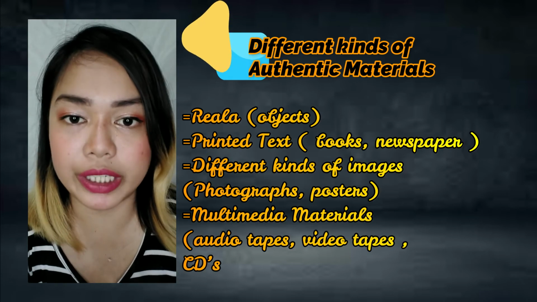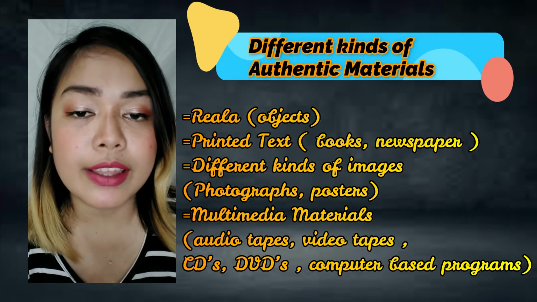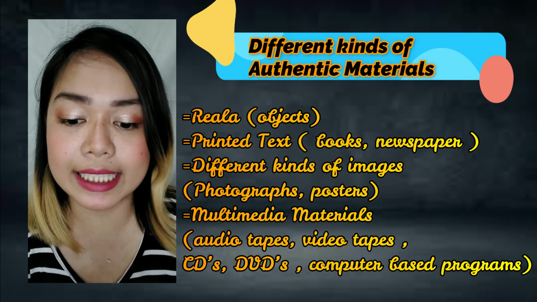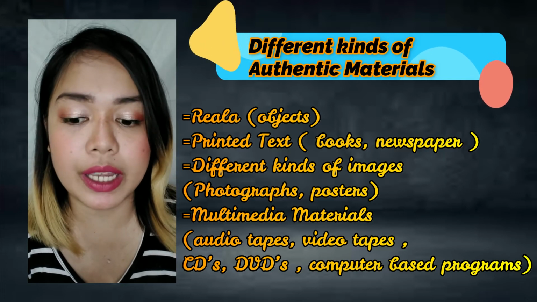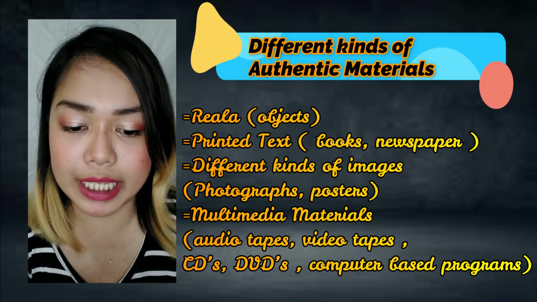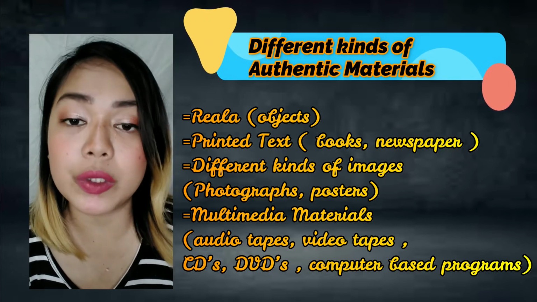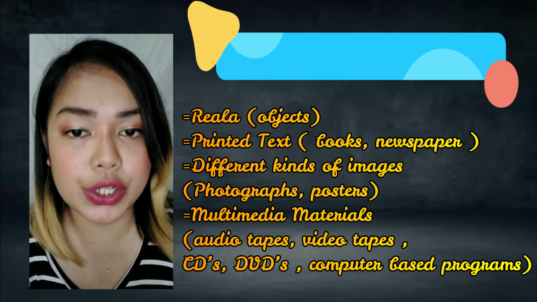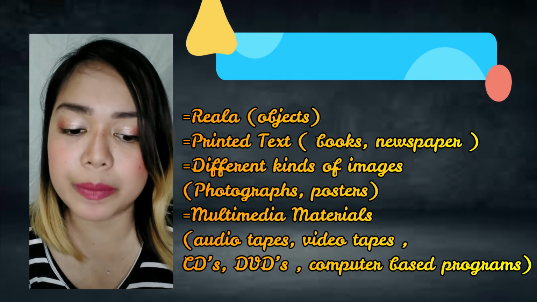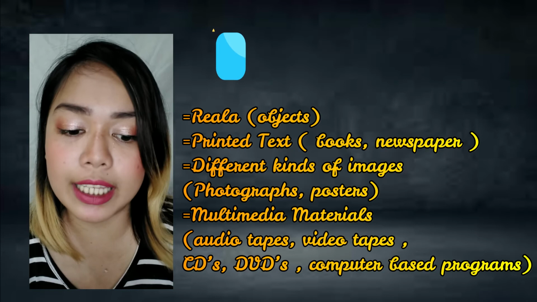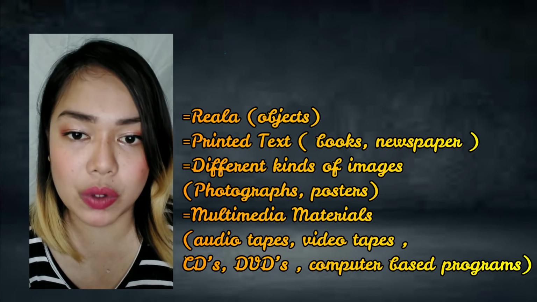The first one is realia or objects. Second, printed text like books and newspapers. Third, different kinds of images like photographs and posters. The last one is multimedia materials, which are audio tapes, videotapes, CDs, DVDs, and computer-based programs.